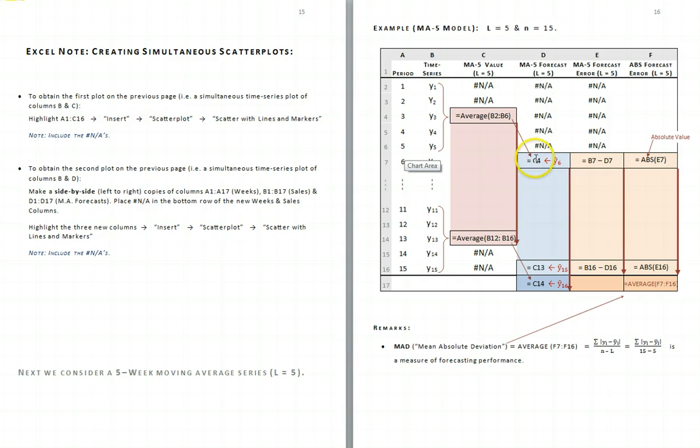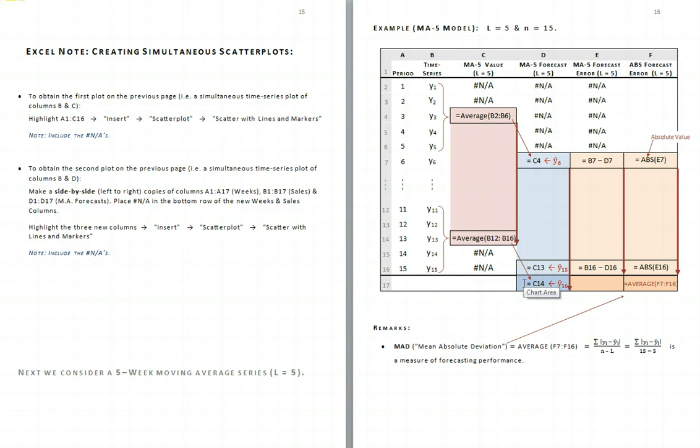Following this pattern down to the final entry in column D, we obtain the forecast for the period after the original series ends, period 16.